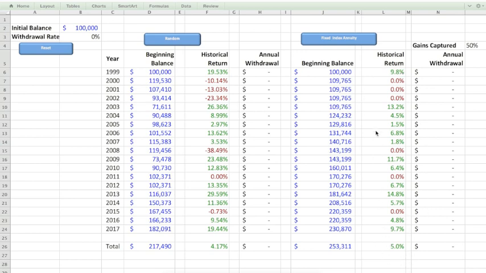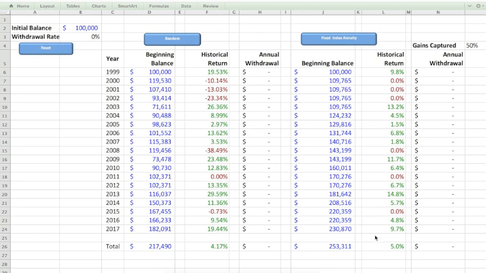It's not a share value, which means that these gains are locked in. They're realized gains. Whereas on this side, these are purely paper gains. The values of your account go up and they go down based on the ups and downs of the market. Whereas here, we have gains that are locked in every single year. You don't have to make a decision whether or not to sell in order to create a realized gain.